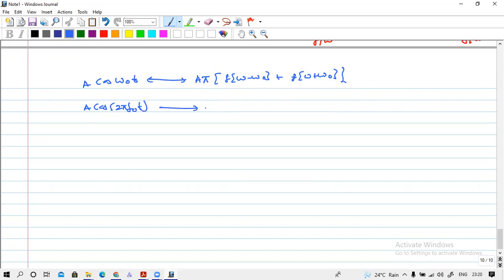Okay, so here we have A/2 [δ(f − f0) + δ(f + f0)], like this. So I will plot the frequency spectrum here.